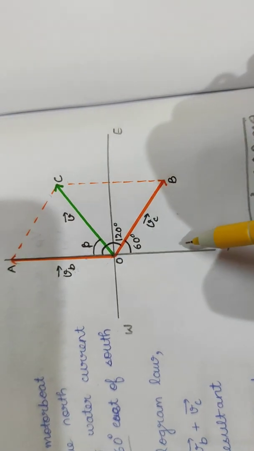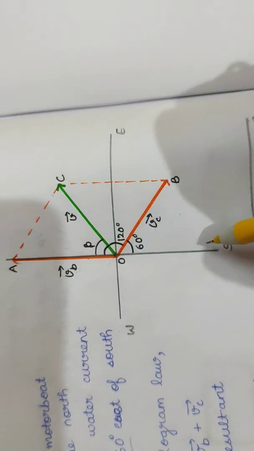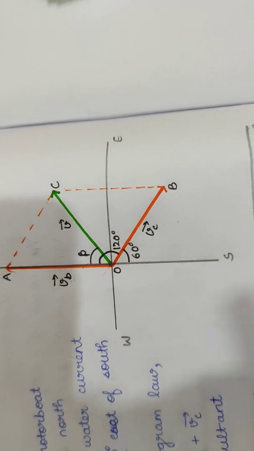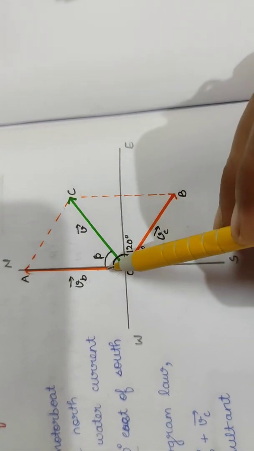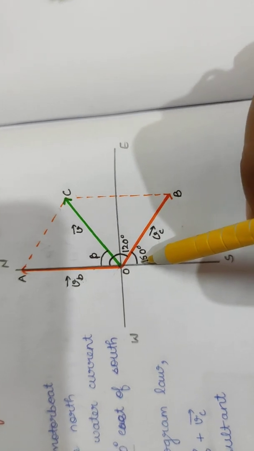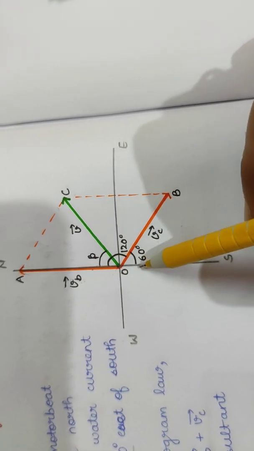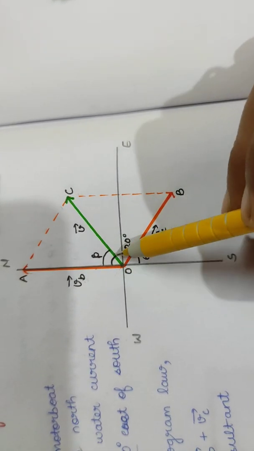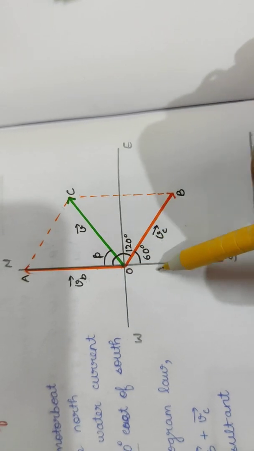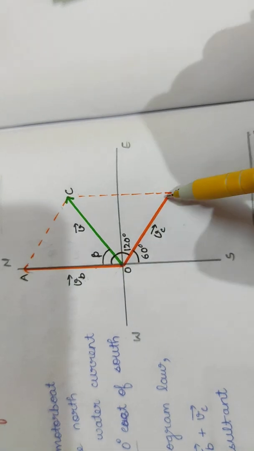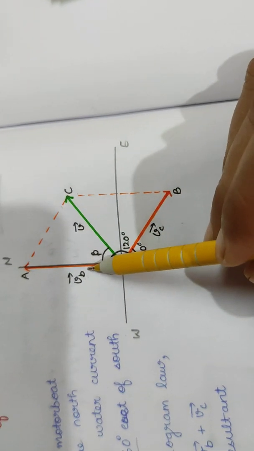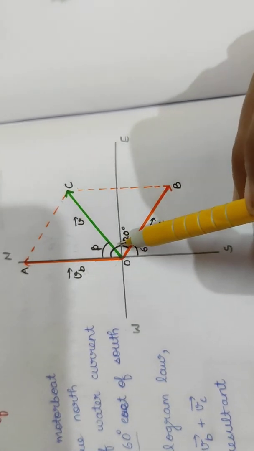As we know that this is a straight line, AS is a straight line, and the angle on a straight line is 180 degrees. So 180 degree minus 60 will give us 120. So the angle formed between vector VB and VC is equal to 120 degrees.